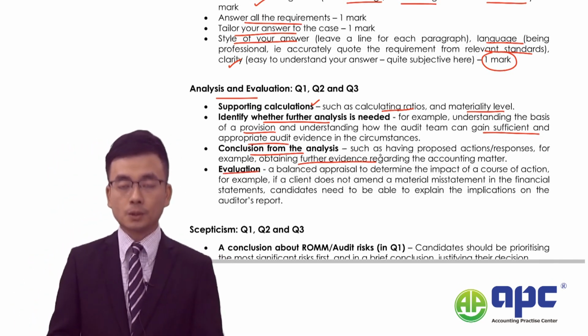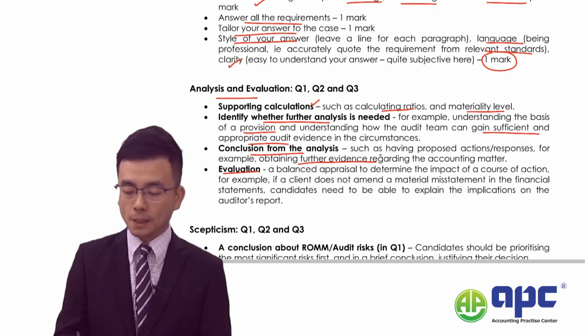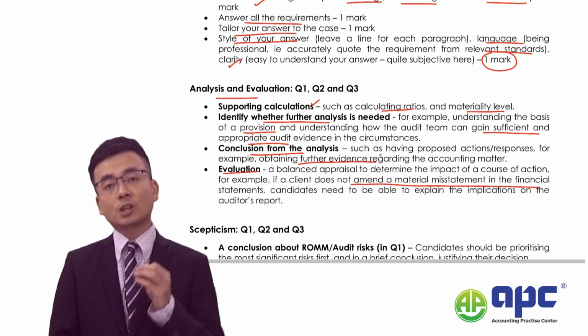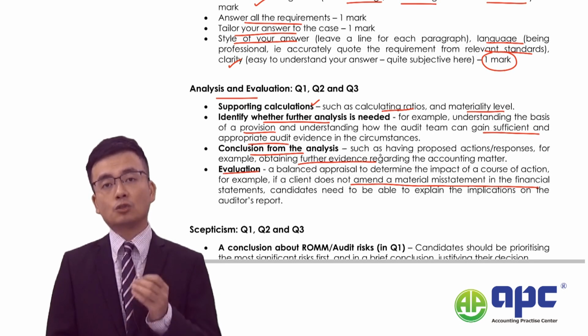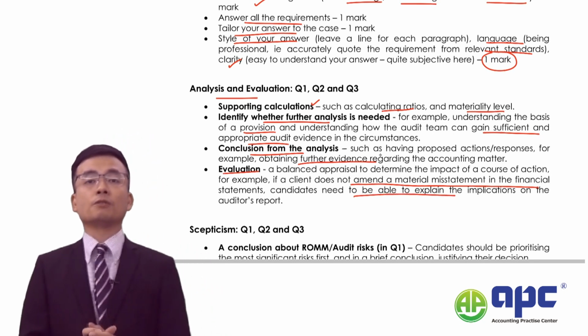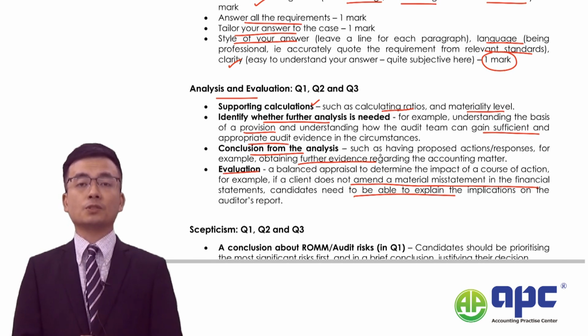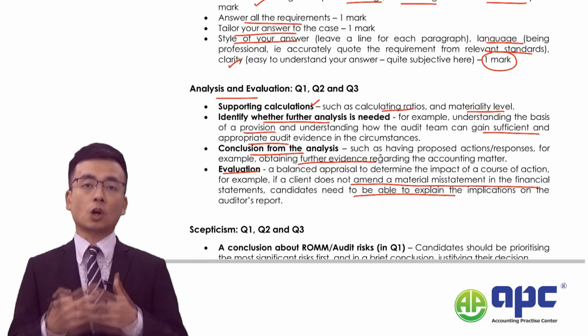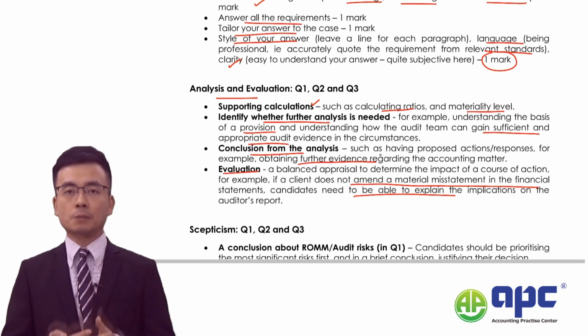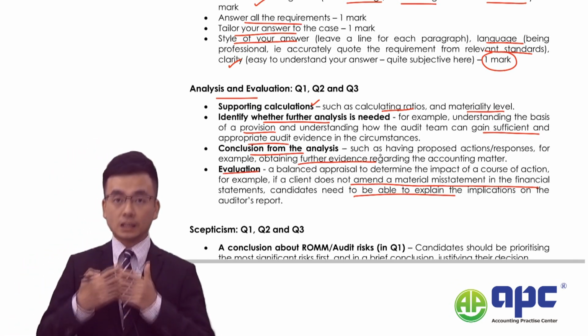So for example, if a client does not amend a material misstatement in the financial statement, you need to communicate the potential qualification of opinion to those charged with governance and the management, and being able to comment on what comes next. Okay, being able to comment on the disadvantages.